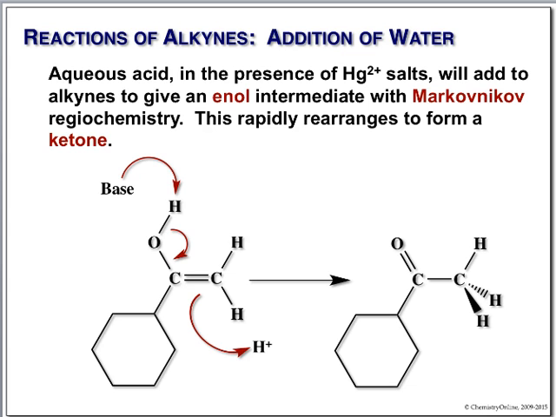Well, with alkenes, we said we could form Markovnikov alcohols by hydration with mercury. With an alkyne, you really do need the mercury. And we could form an anti-Markovnikov alcohol by hydroboration oxidation.